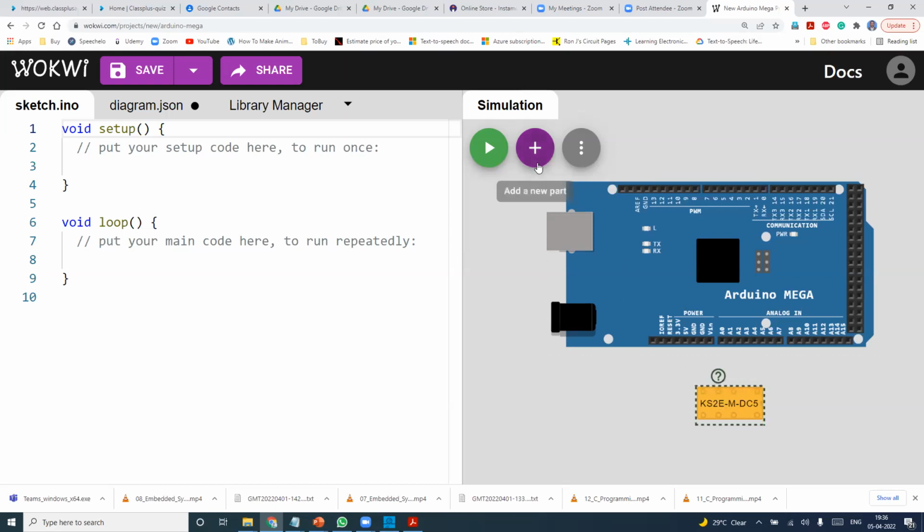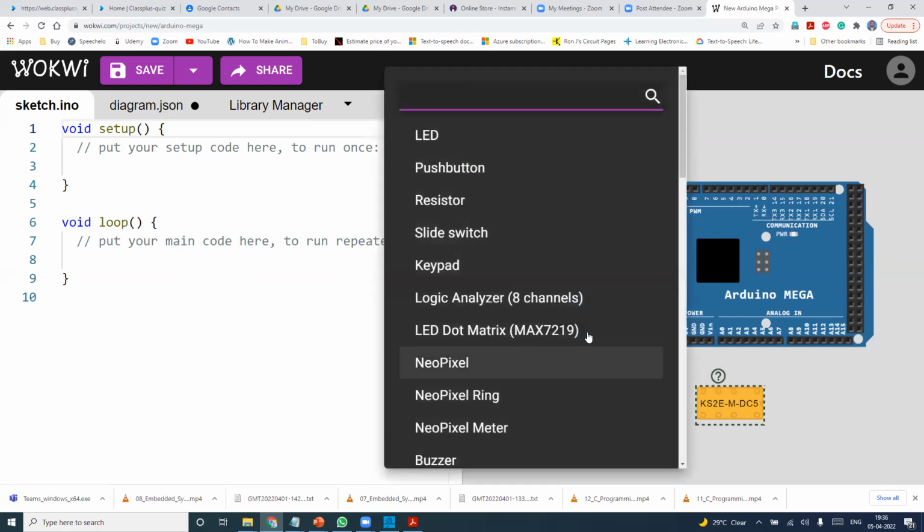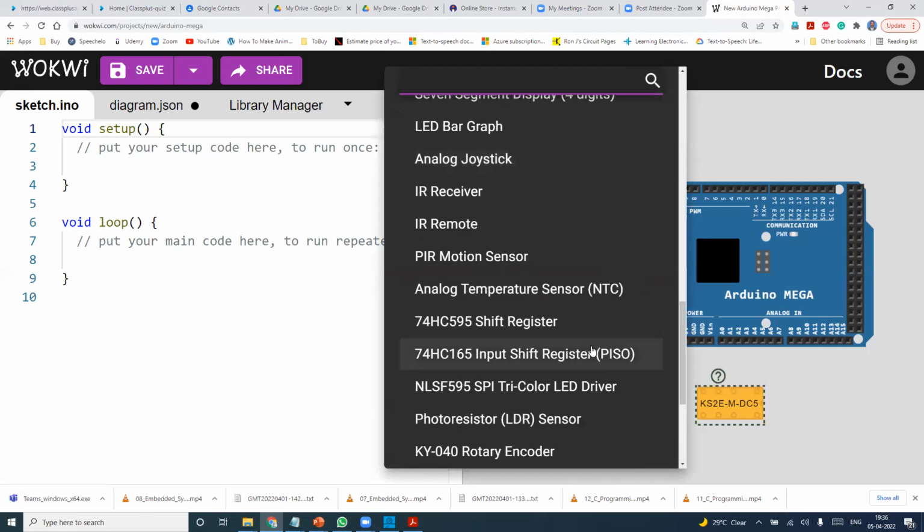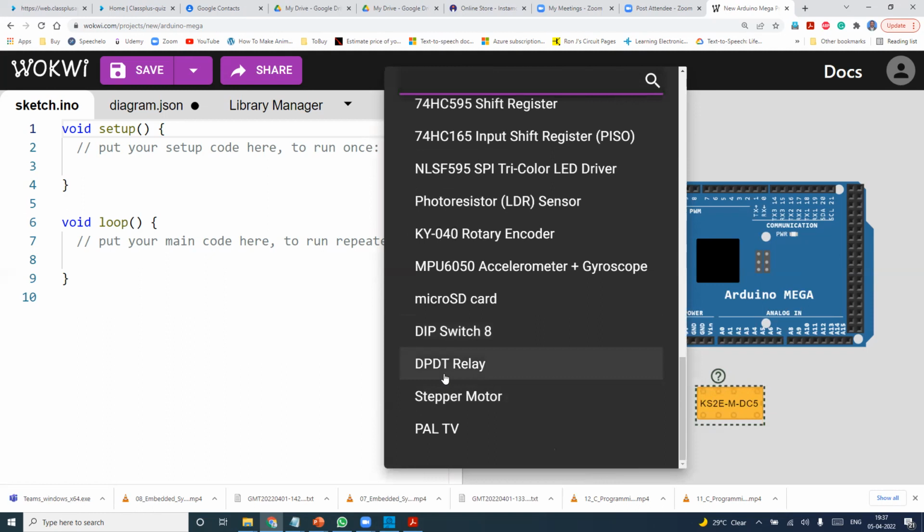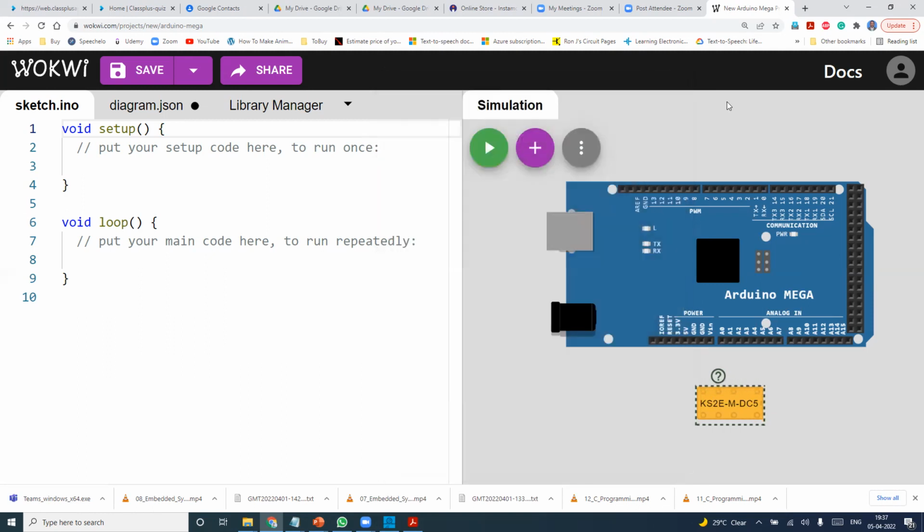I'll show you a small thing here, but it may not be very useful to you. Since it's available, since he has mentioned this, I'm mentioning this is called DPDT. I'll explain right now what it is. Not a big one, but what I'm trying to say is that you also have a relay here in the simulation. You can test it here.